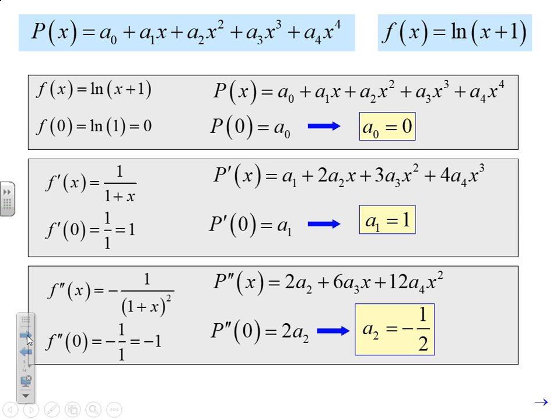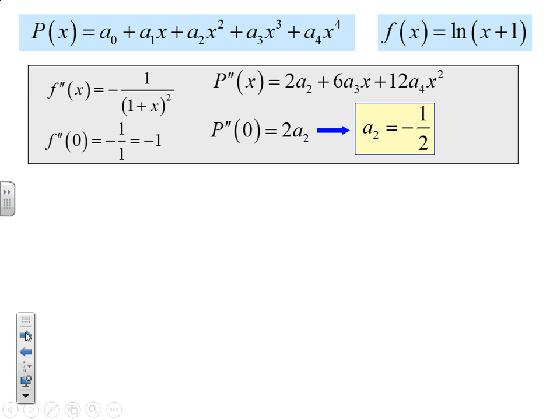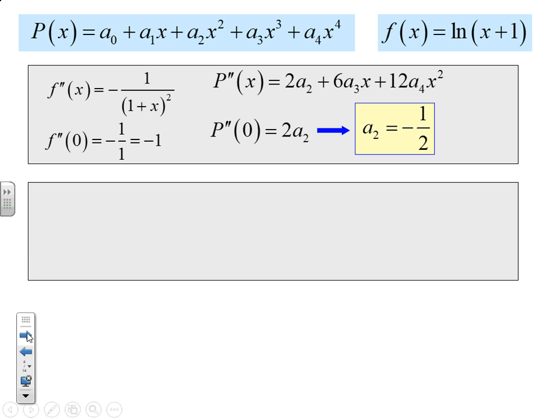Are you noticing a pattern? Is that what you're doing? Okay. All right, so I kept this up here for us. Third derivative: 2 over 1 plus x cubed. Okay. Evaluated at 0, 2.